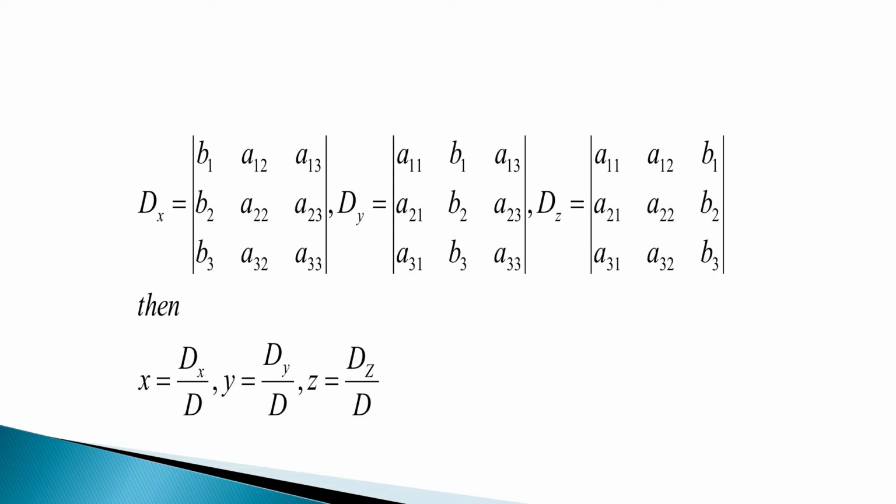The dx becomes the determinant having elements b1, a12, a13, b2, a22, a23, b3, a32, a33. Similarly, we can find dy and dz. Then x becomes dx by d, y becomes dy by d, and z becomes dz by d.